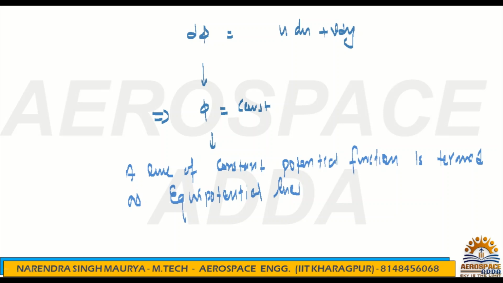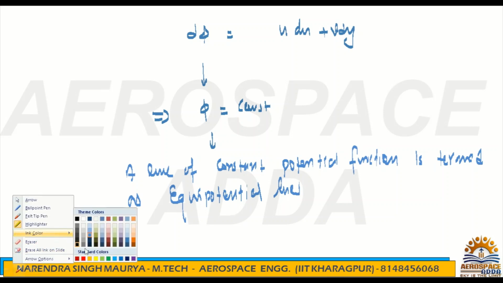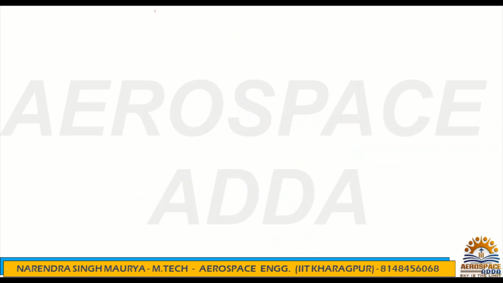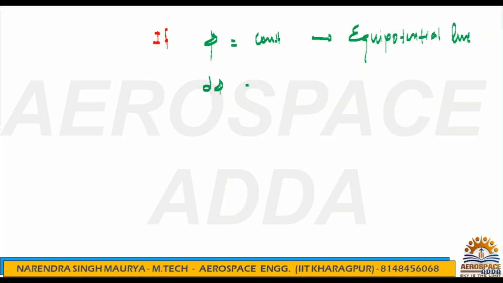So it's very clear now. If I say equipotential line, immediately you have to understand that for an equipotential line, phi will be constant. If the potential function phi is constant, and that is for an equipotential line, then what is d phi? d phi will be 0, okay?